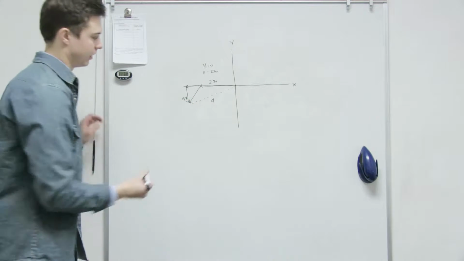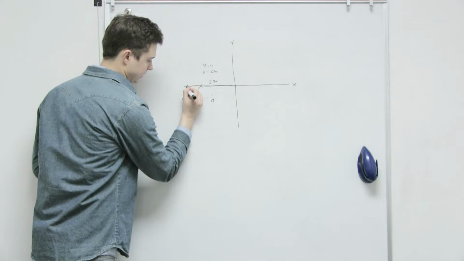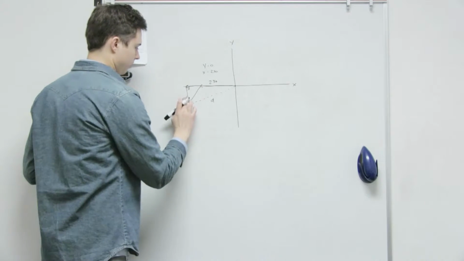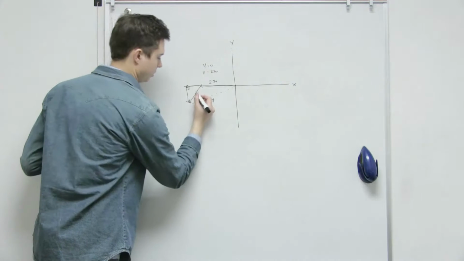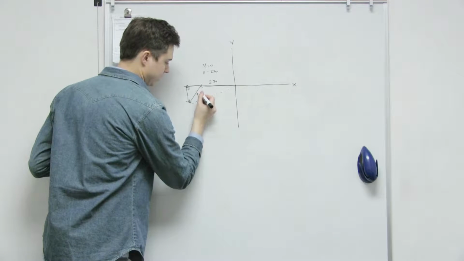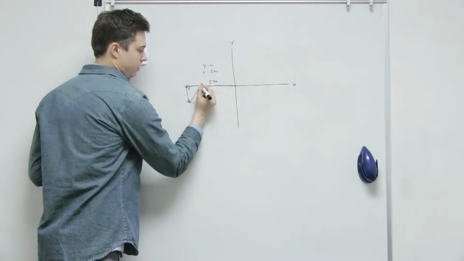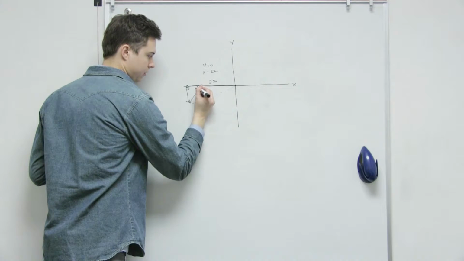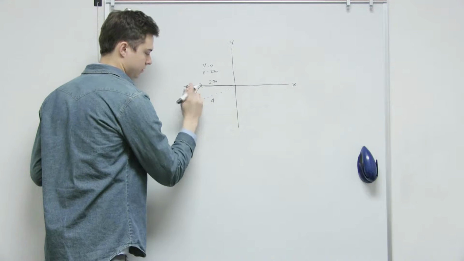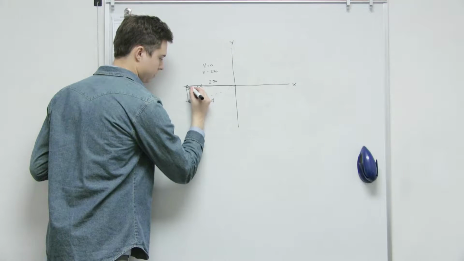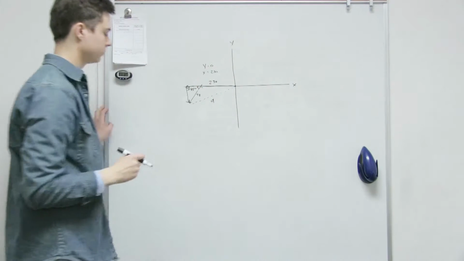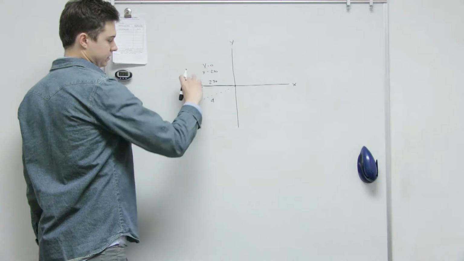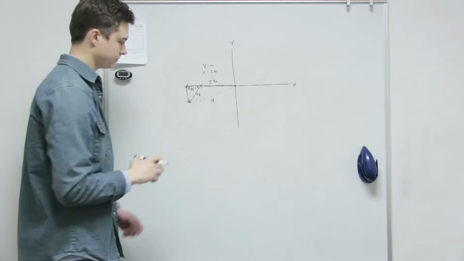And so now we've got a right triangle. We know that's a 90-degree angle between our x and our y components. We know our hypotenuse is 98 kilometers. We know this angle right here is 45 degrees. So we want to figure out how long that side is and how long that side is.